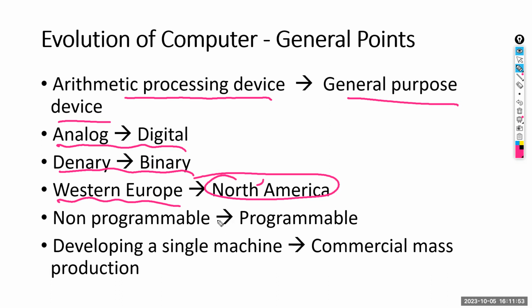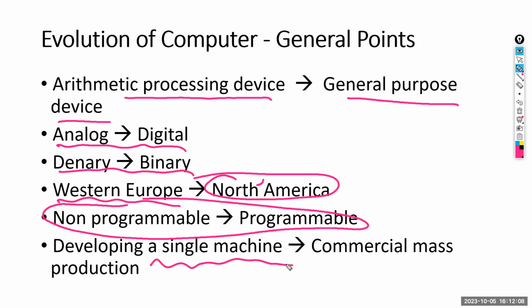Also, non-programmable computers gradually became programmable computers. These days the computer can be programmable. That is why we need software developers. Also, early computers were just maybe one machine. The only exception to that is the abacus, but with most other machines, just the inventor used it. You invent it and use it.